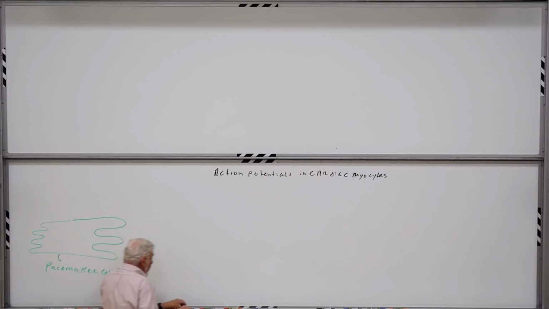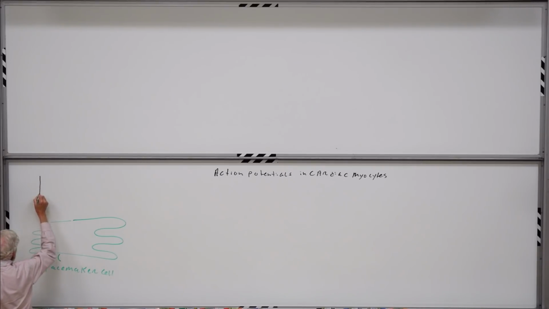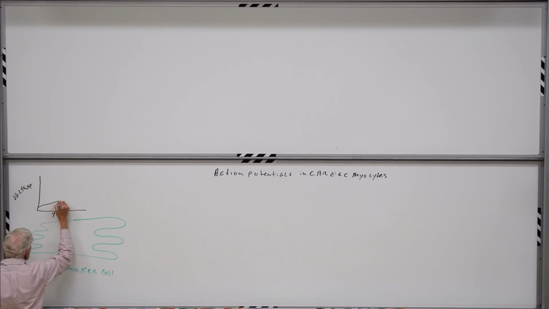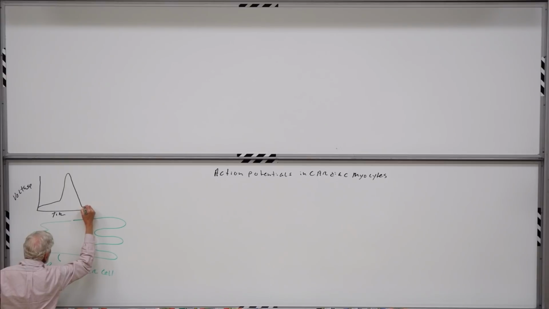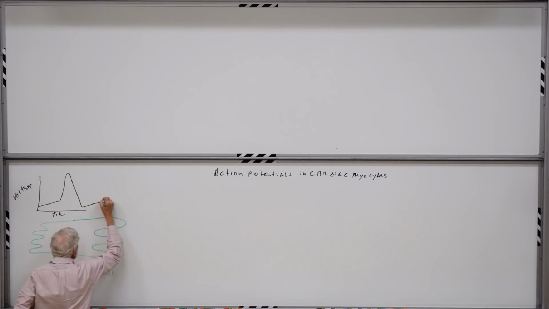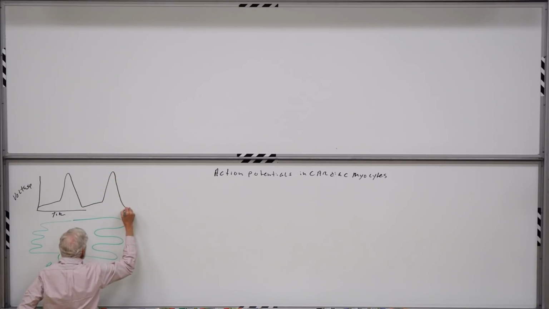And you'll remember that when we looked at the action potentials in these and we plotted voltage versus time, they had this characteristic of a slow depolarization, a rapid depolarization, a repolarization, slow depolarization, a rapid depolarization, and so forth.